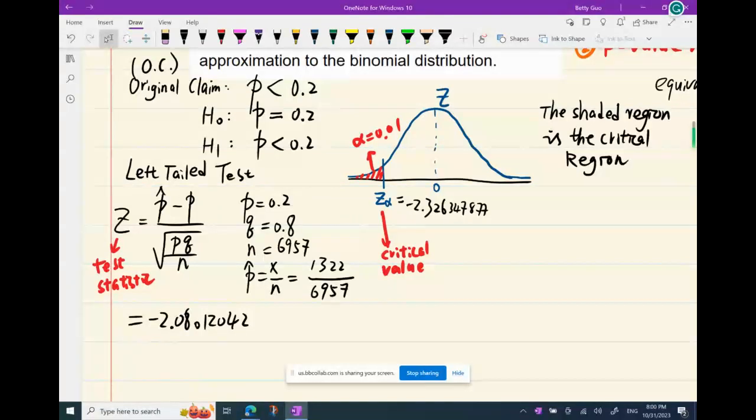We're going to compare them and see where Z is in the graph. This is Z sub alpha. Z is negative 2.08. Is Z to the right or to the left of the critical value?